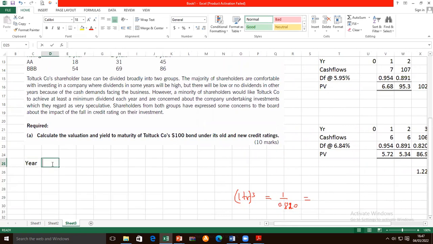Year 0, year 1, year 2, year 3. What are the cash flows? No, first of all, before we do that, your yields, your spot yields.